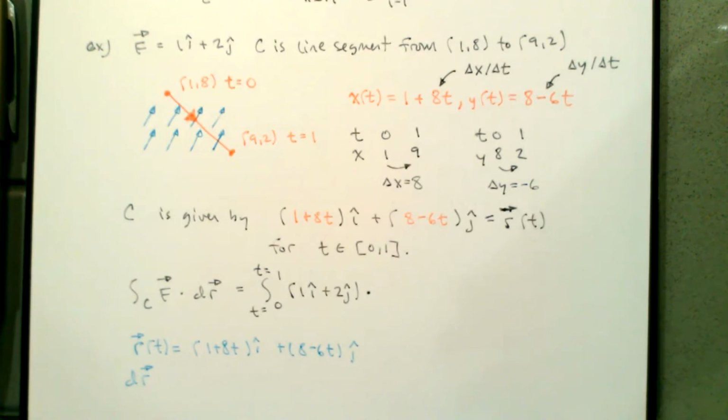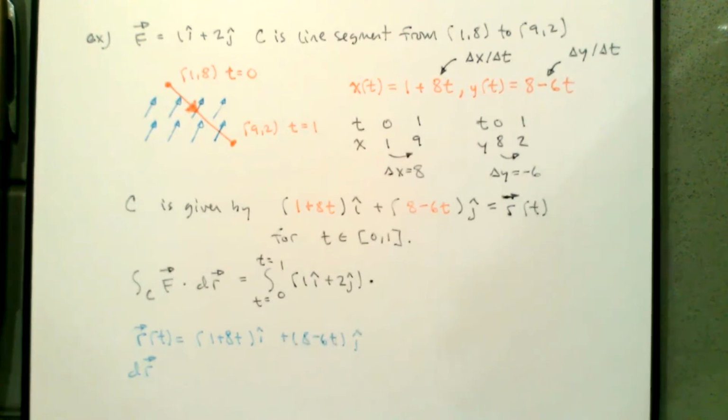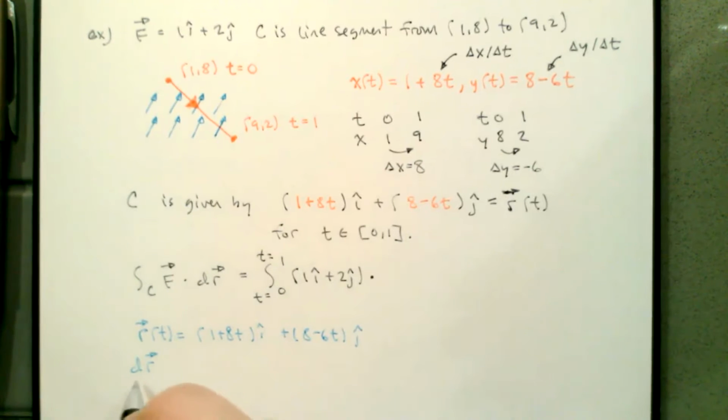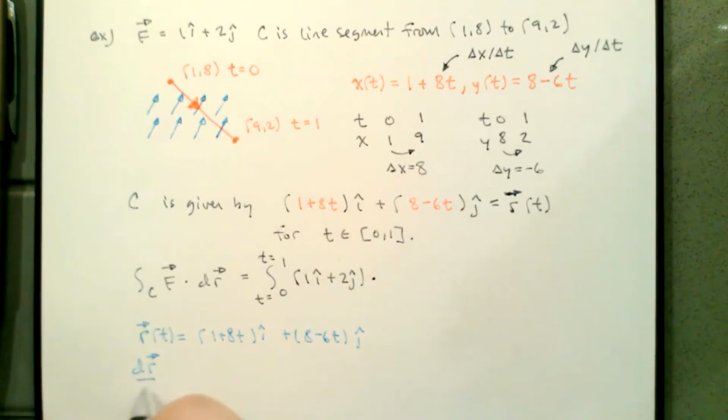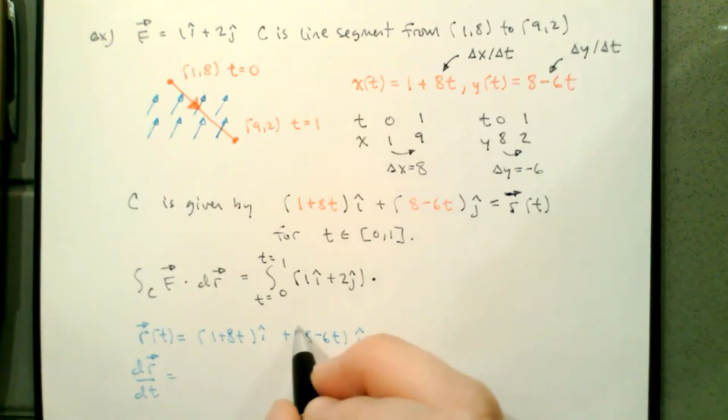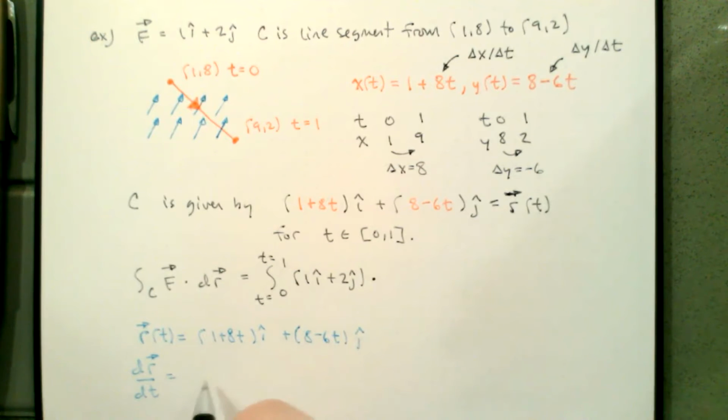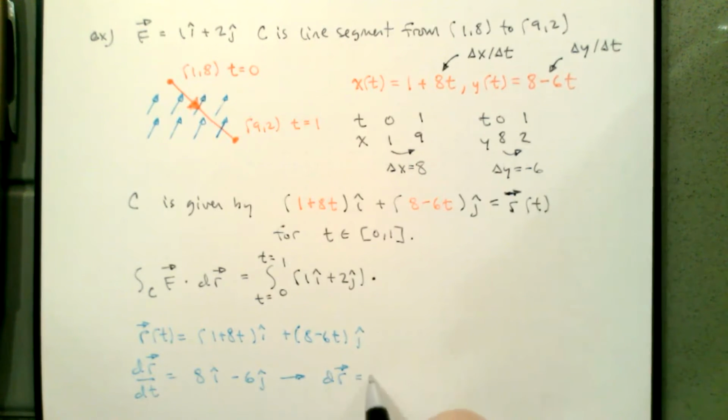So for dr, we'll just take a derivative. That's what dr represents. It's the derivative, and specifically with respect to t. So dr, the derivative of r with respect to t, is just going to be the derivative of x of t and the derivative of y of t. So it's going to be 8i minus 6j, or the part that we need for the integral is just the dr, and that's going to be 8i minus 6j times dt.